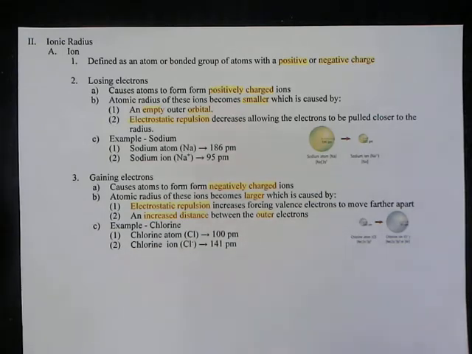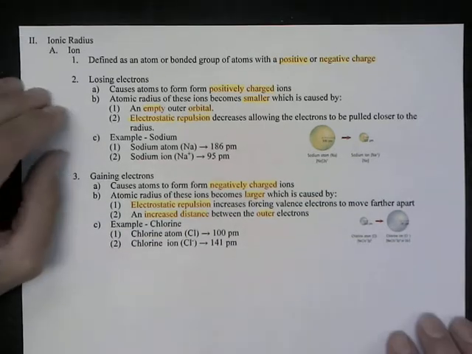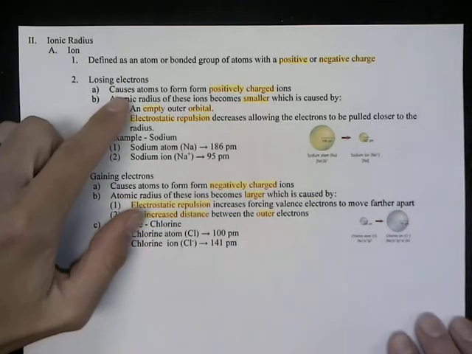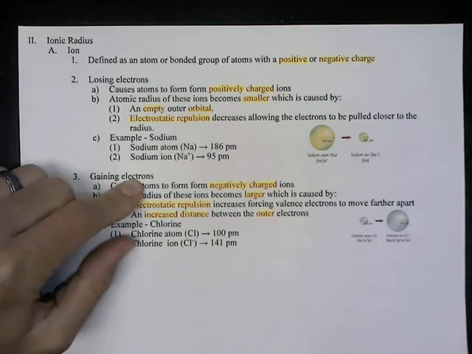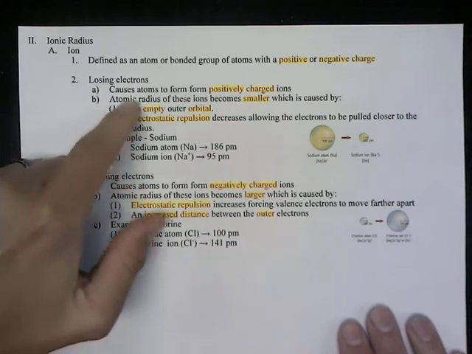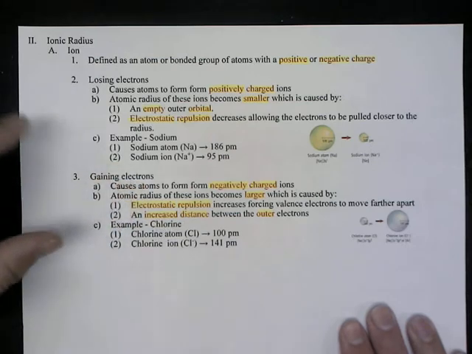It happens in one of two ways: one, they lost an electron, or two, they gained an electron. Both of these require either getting more electrons or losing electrons. The key word here is electrons.